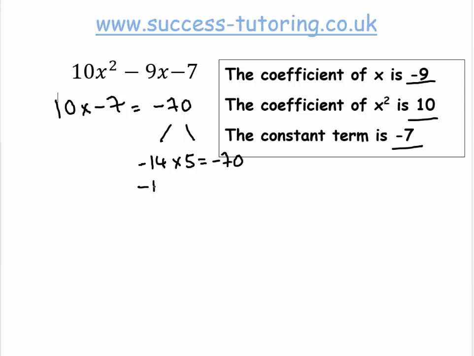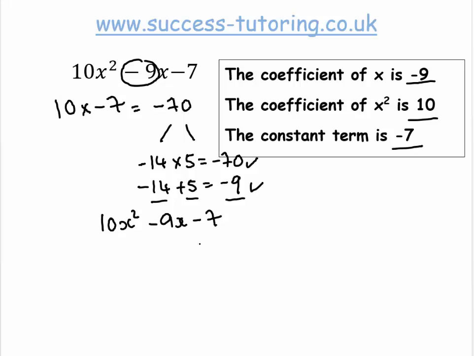And then I'm going to have minus 14 add 5. That's going to give me minus 9. Both of these fit because now we've got minus 9, which is the coefficient of x, and we've got our values, our factor pairs. Now I'm going to write 10x squared minus 9x minus 7.